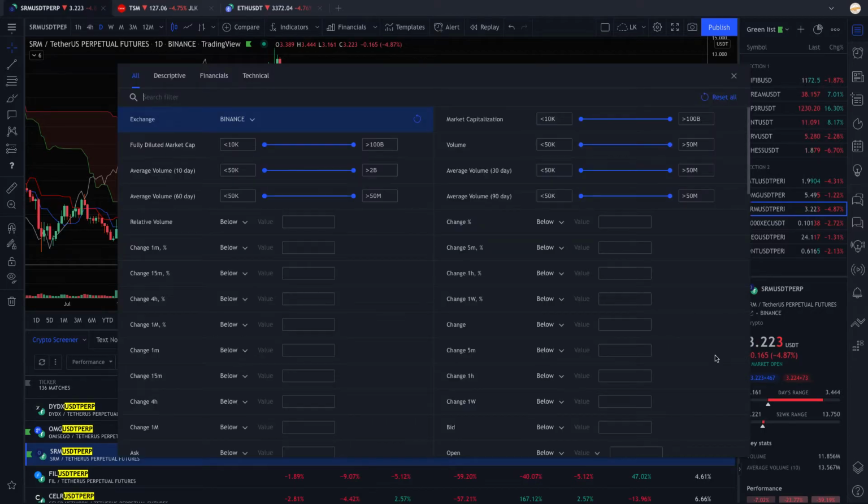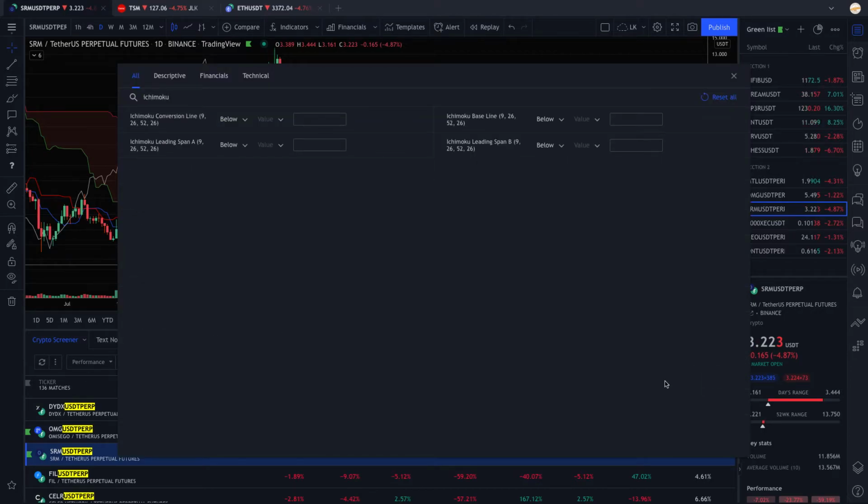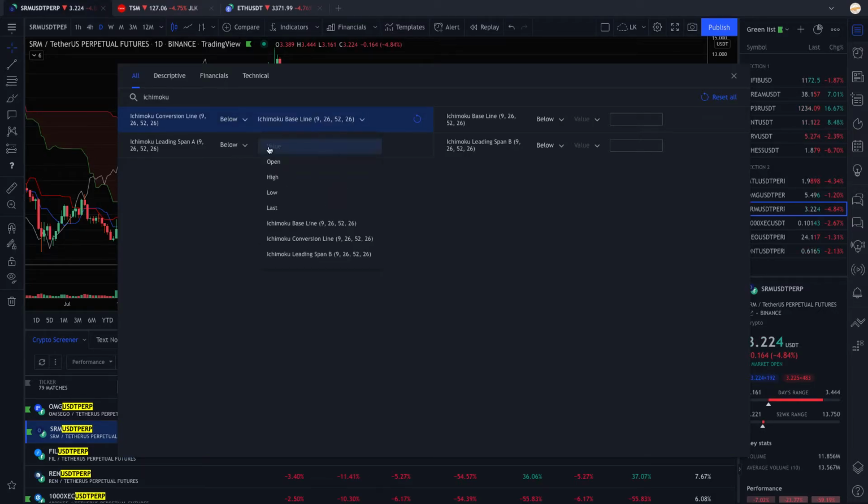So you're going into Ichimoku. The conversion line is the Tenkan and the baseline is the Kijun. That's how they name it on TradingView. So you want your conversion line to be below your baseline. And you want your SSA to be below your SSB. There you go.